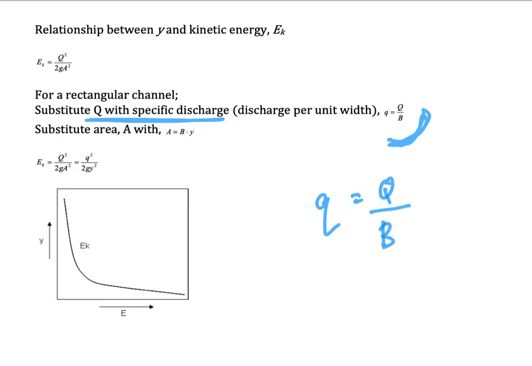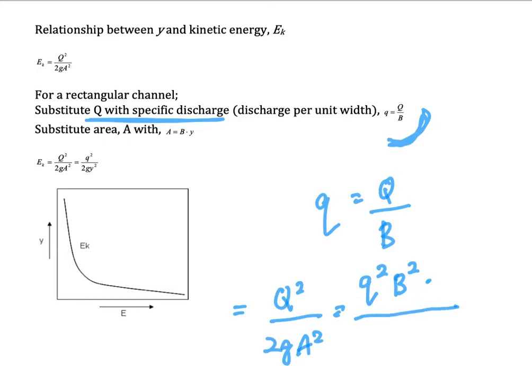If we substitute the value of Q in q squared over 2gA squared, it is equal to capital Q squared over B squared, and then we have 2g here and then the area.